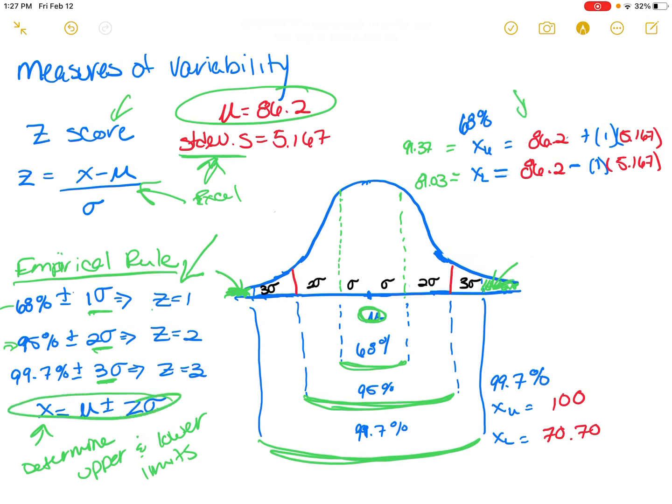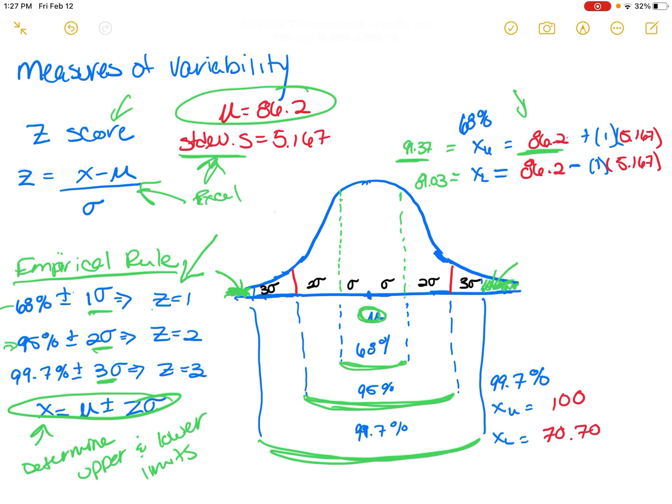So if I took your class and these 5 quiz scores, and I wanted to find out what the grades are within one standard deviation of the mean, I would use this 86.2, right, plus 1 times 5.167, which gives me 91.37 as the upper limit within one standard deviation.